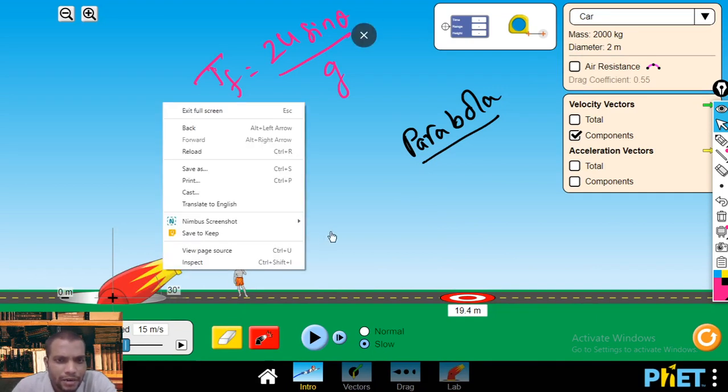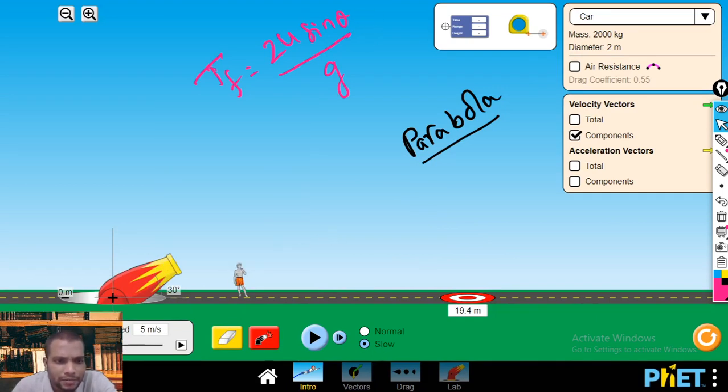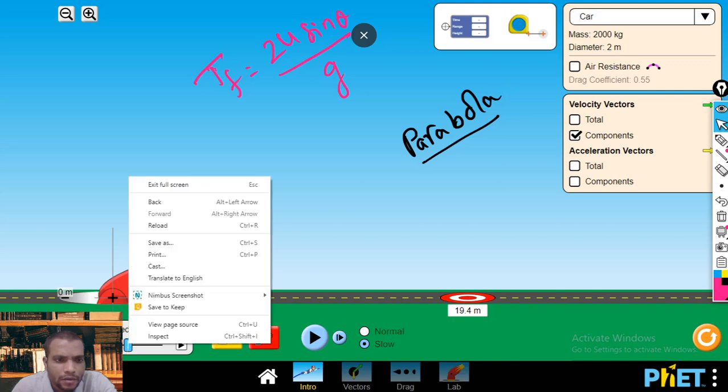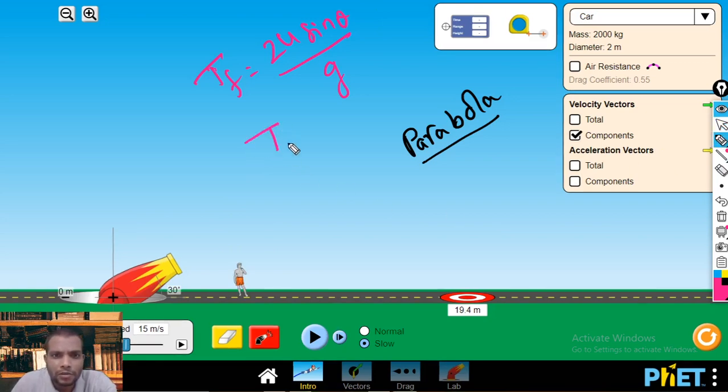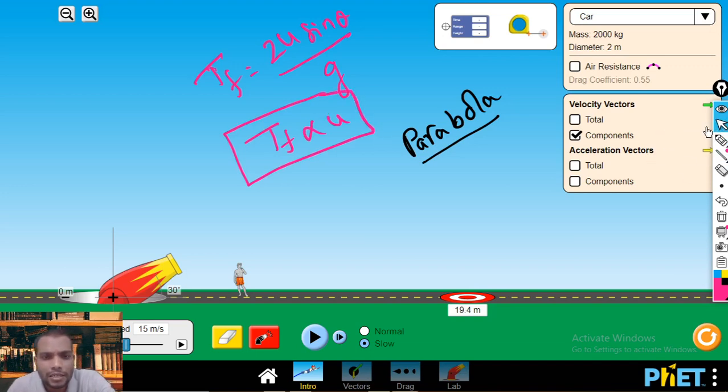Suppose I have control over the initial speed here, and I take the initial speed equal to 15 meter per second. Since time of flight is directly proportional to initial velocity, when we increase the initial velocity, the time of flight also increases.